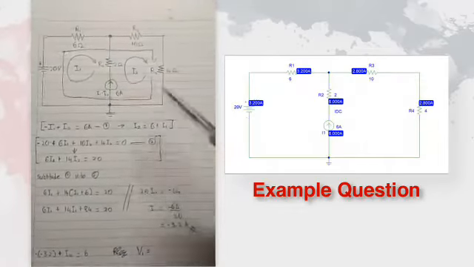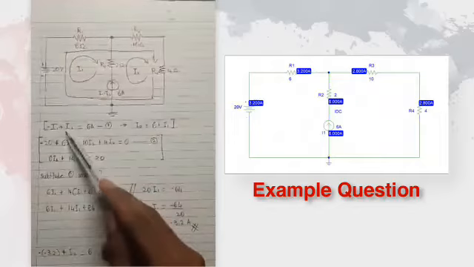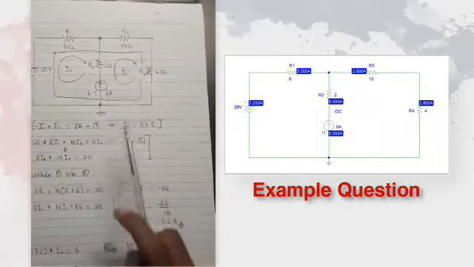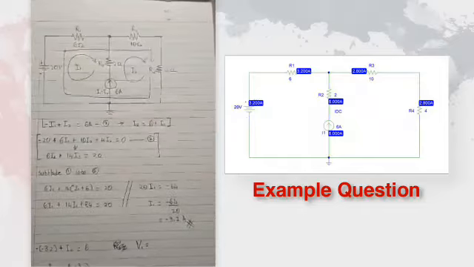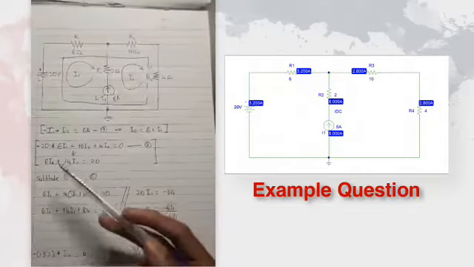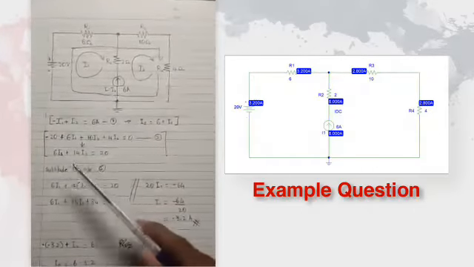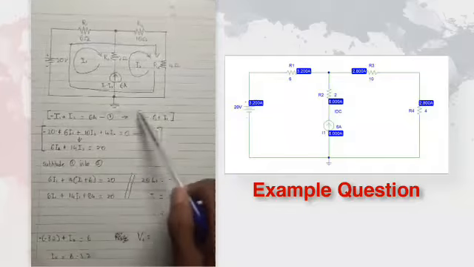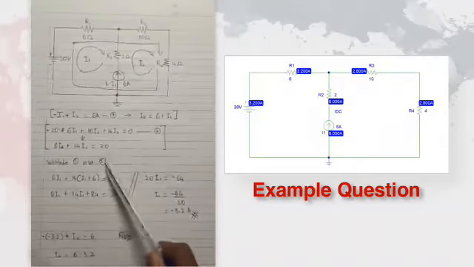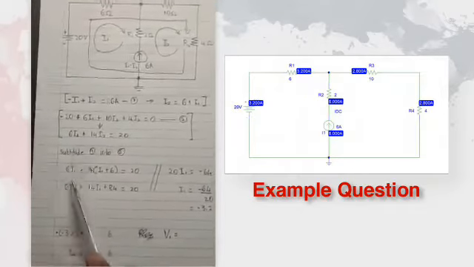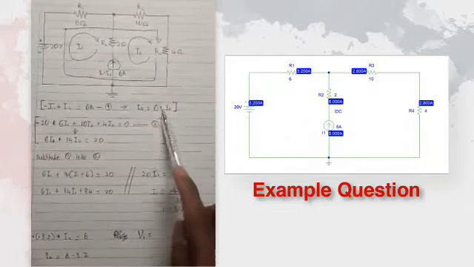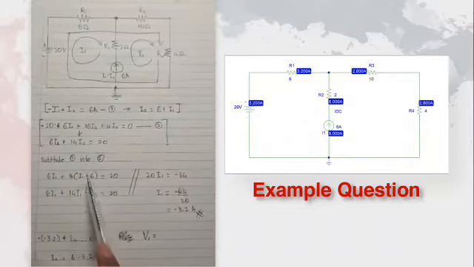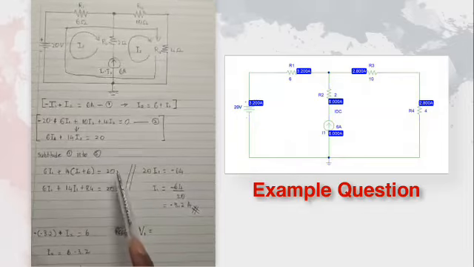Firstly, we make one of them equal to a variable, so I make I2 equal to 6 plus I1. Then we substitute into the second equation, which is 6 I1 plus 14 times (6 plus I1) equals 20.